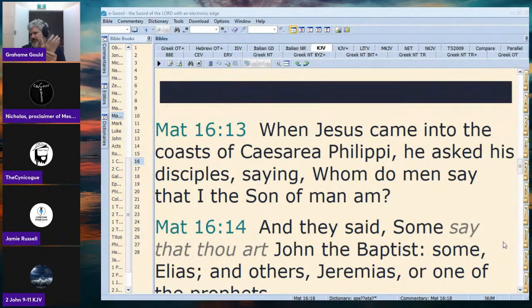Or maybe the dom is more related to demon than doom in this case, but those might be related. I'd have to look into it. I can read Greek, Graham, but I've forgotten what a lot of the words mean now. I haven't studied it in over 20 years. I could kick myself in the pants for not keeping up my Greek and Hebrew, but there you go.